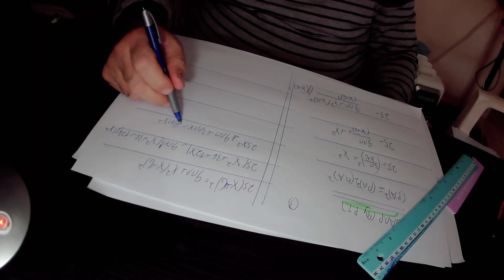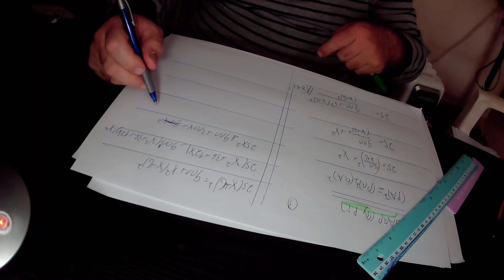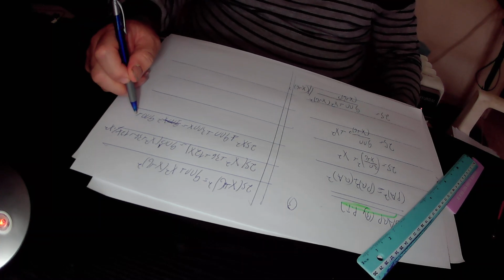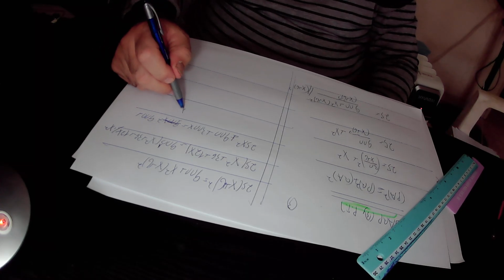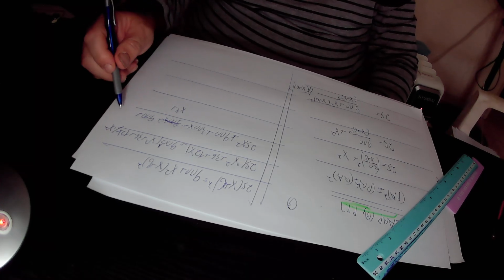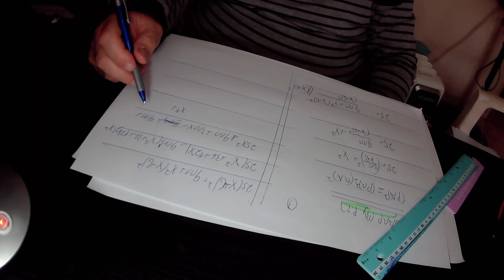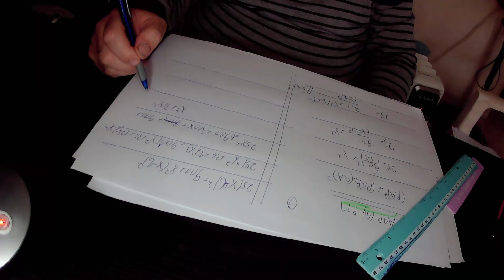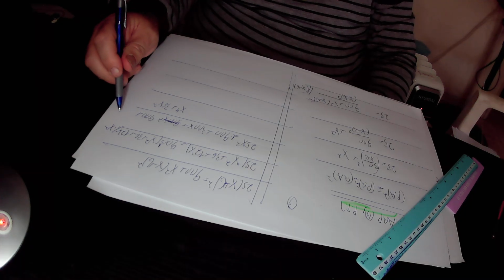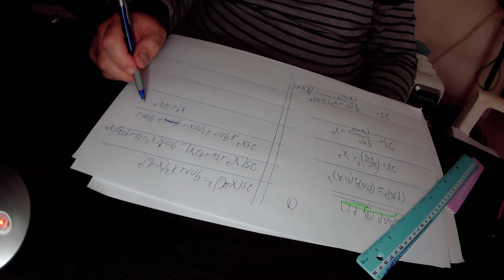So we have here 900 plus x squared times x squared, which is x to the power of 4, and x squared times 36 is 36x squared, and 12x times x squared is 12x cubed.